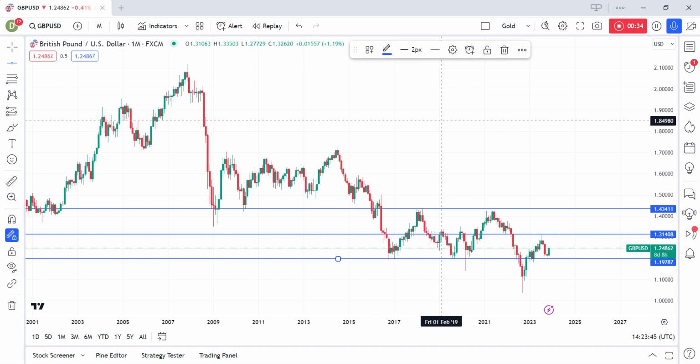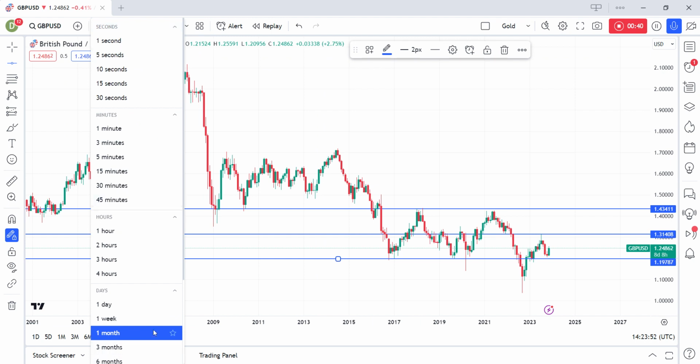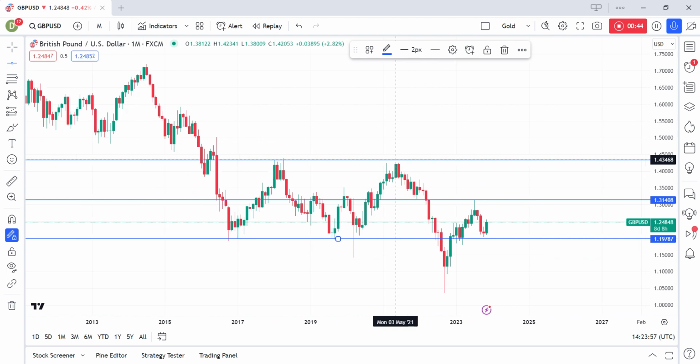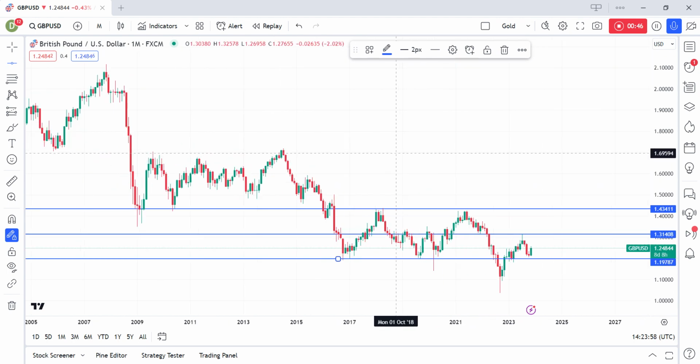Let's dive in. The first thing you have to do is click on your monthly time frame. I already marked out the zones that I needed. As you can see, the most recent monthly was here, so you mark out this zone.